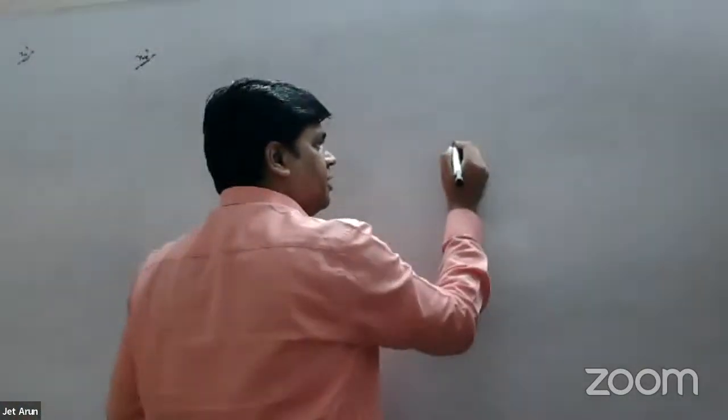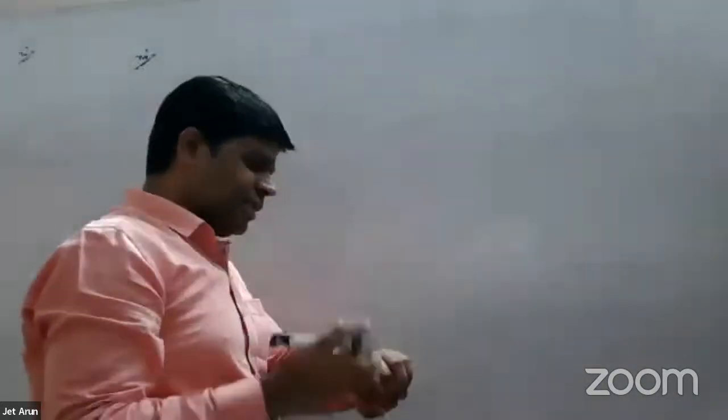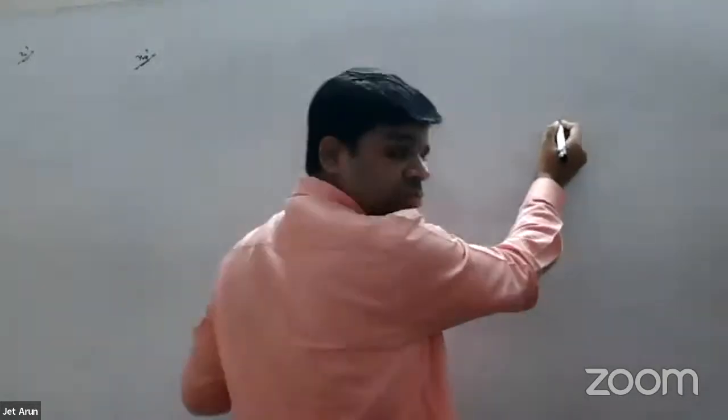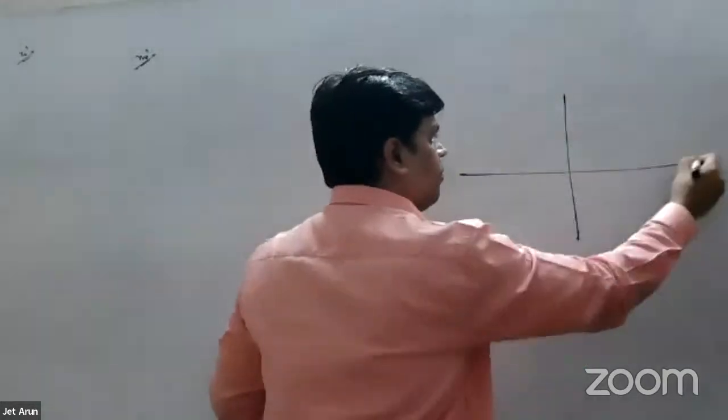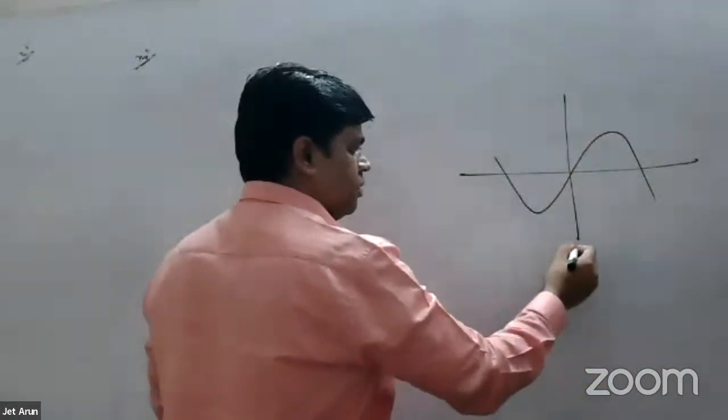Look at this. I'll quickly write sine of x plus pi by 2, and x minus pi by 2. You have to quickly tell me from the graph, plot the graph and tell me whether it's cos, minus sine or something else. This is my sine.